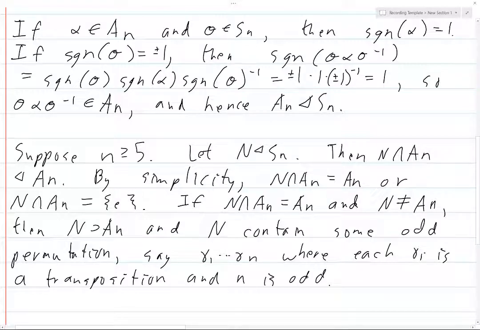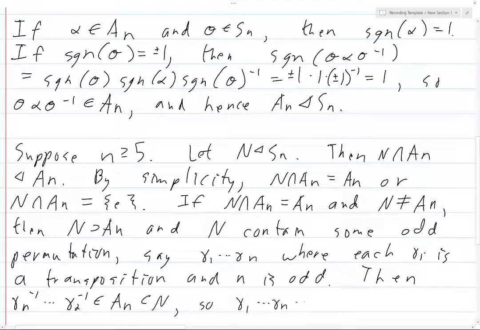Then if we look at gamma n inverse all the way up through gamma 2 inverse, this is an even permutation because n is odd, and so this is contained in A_n, which is a subset of N. So gamma 1 through gamma n times gamma n inverse all the way up to gamma 2 inverse, we can write this as gamma 1, because the gamma 2's through gamma n's will cancel when we take this product.